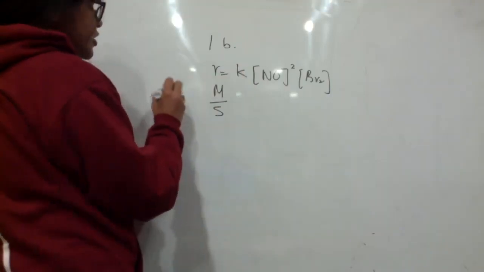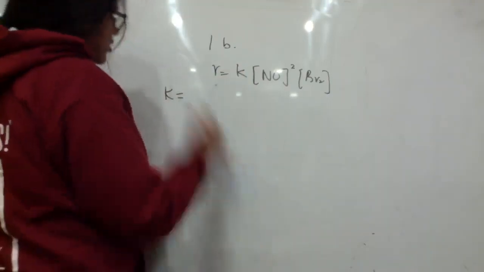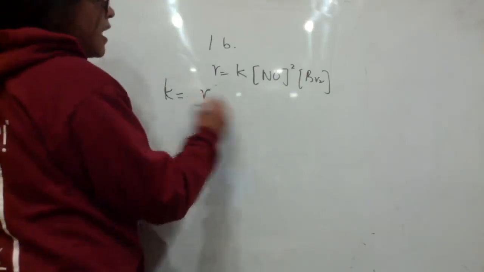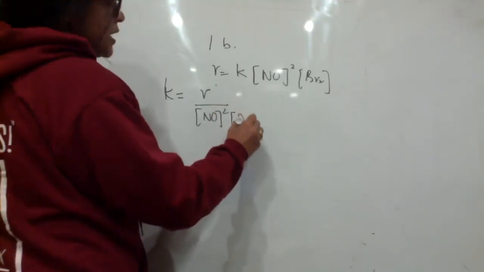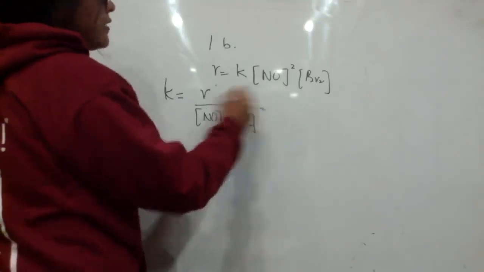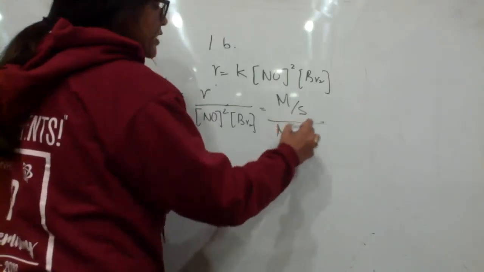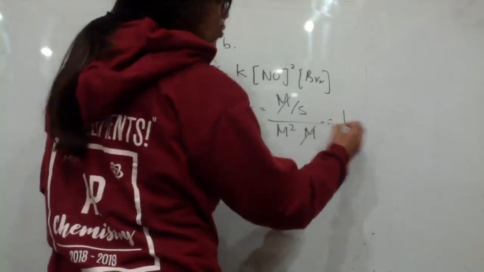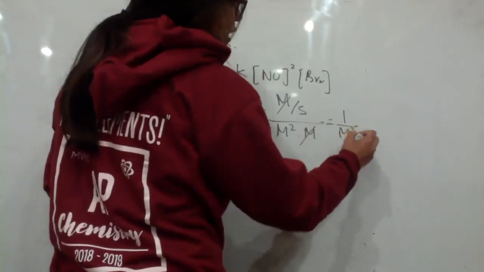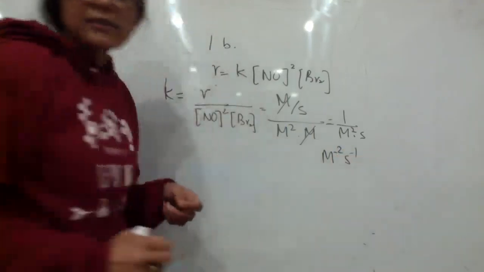So if we write it in terms of K, let me not take shortcuts, it is R over [NO] squared times [Br2], right? And rate units are molarity per second. This is molarity squared times molarity. Molarity cancels out. So it is 1 over molarity squared second, or molarity negative 2 second inverse.